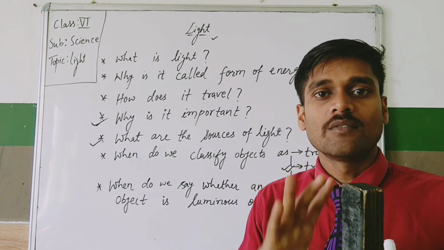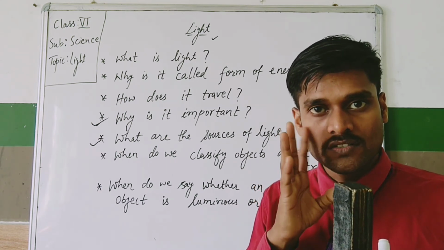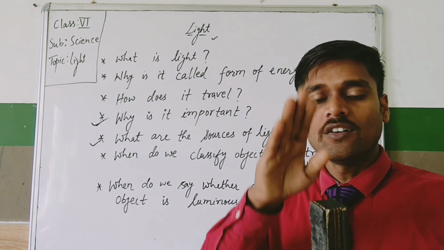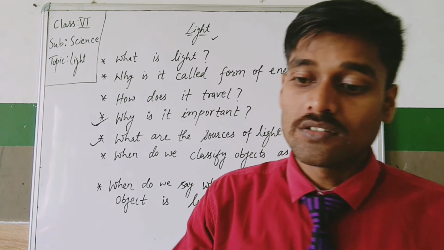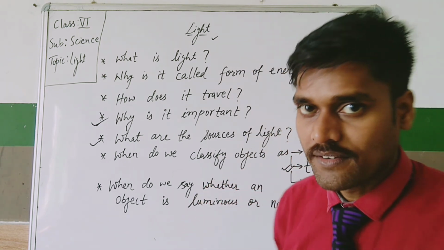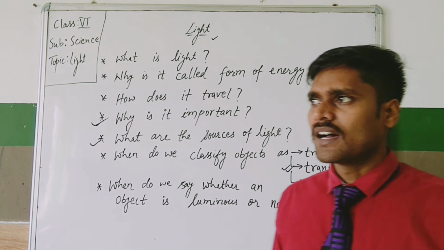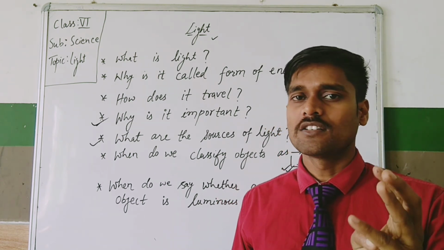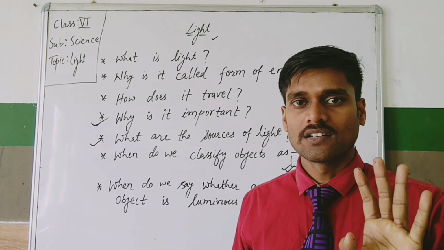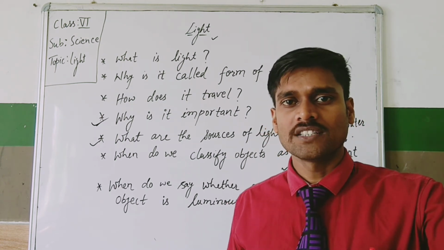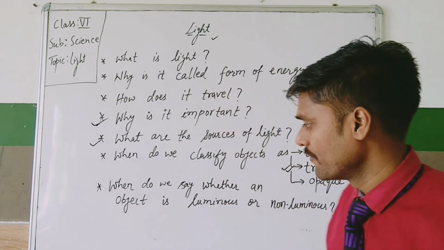A translucent object has a shadow, but it is not as sharp as that of the opaque object. Okay, so I think now transparent, translucent and opaque objects are clear. So that is how we divide the different objects into three categories.